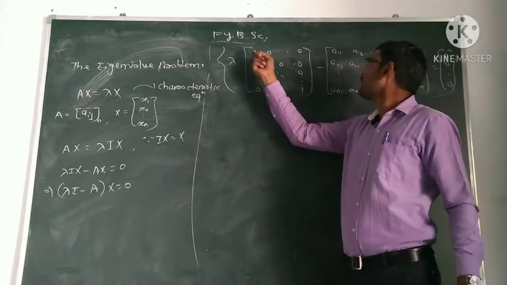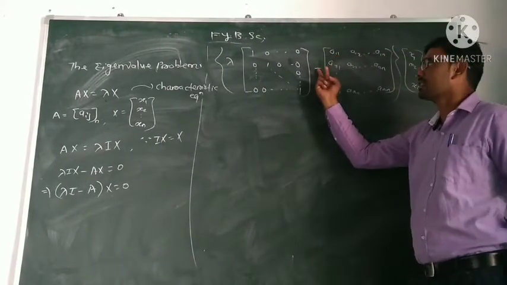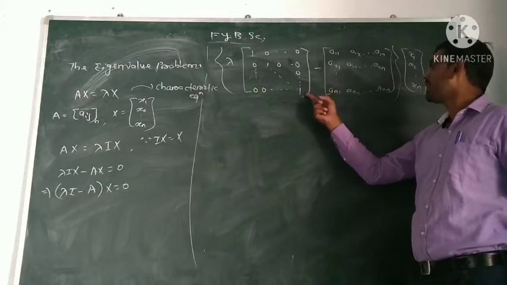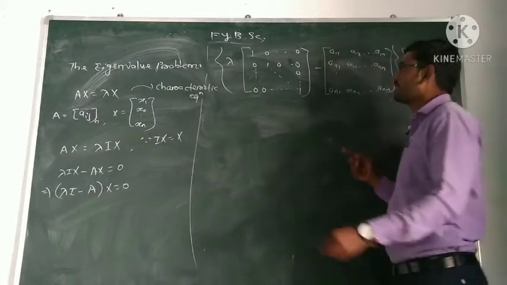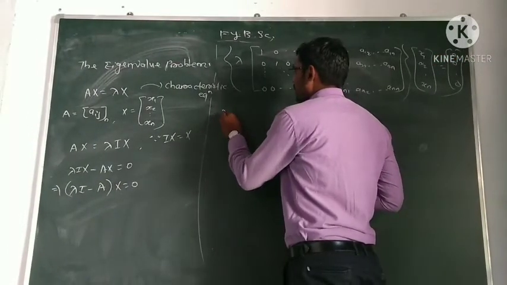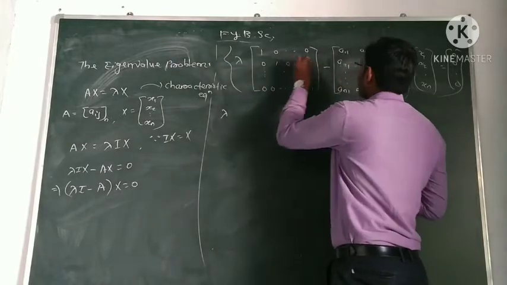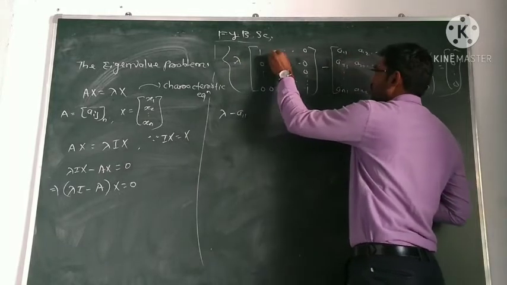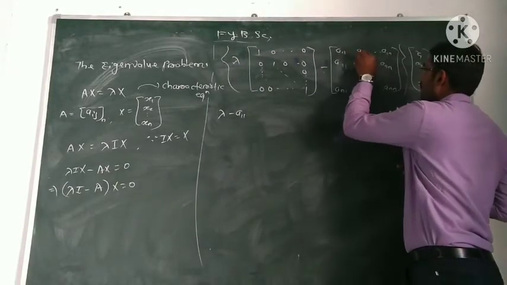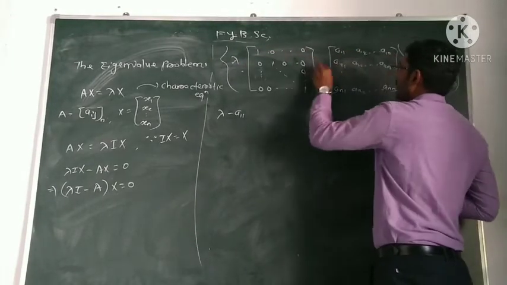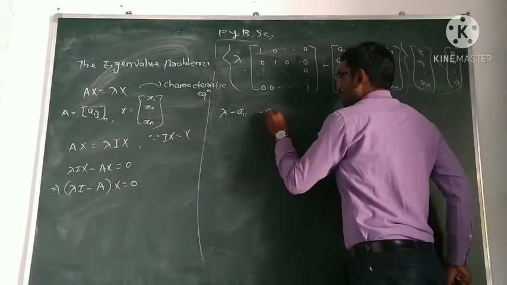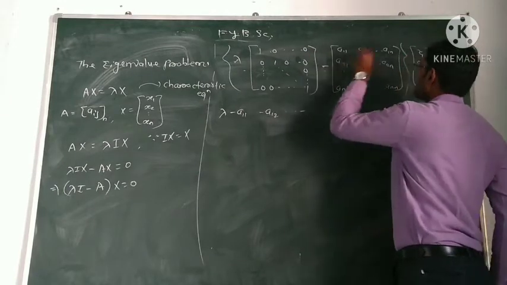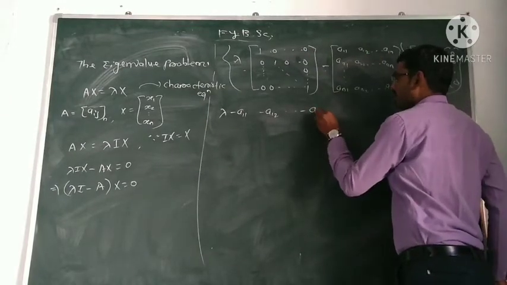We can subtract matrices of the same order, and here both are n by n. So the first entry is lambda minus a11. The second entry is lambda times 0, which is 0, minus a12, so minus a12, and so on up to the last entry, 0 minus a1n.